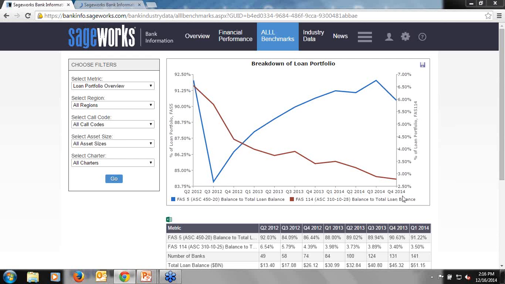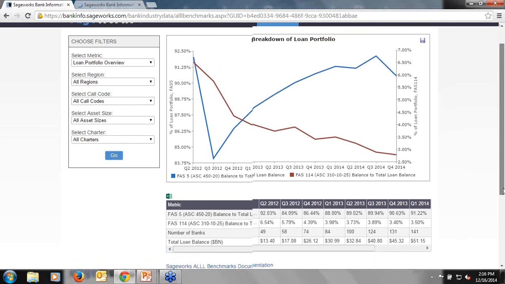Yeah, this is great information. This is a very useful tool I think that banks can use as far as justifying both their FAS 5 and their FAS 114 calculations. It lets them see the trends that are developing in the market, in the economy in general. So if we look at the actual data down below, we can see the actual change in percentage by quarter for FAS 5 and 114s.